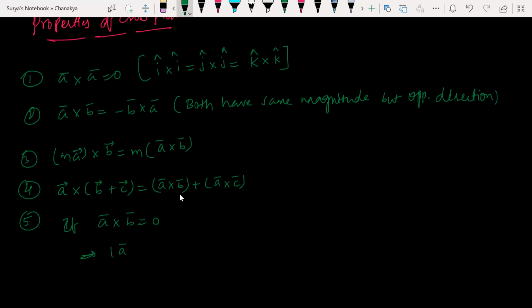Vector A cross vector A will be equal to 0.